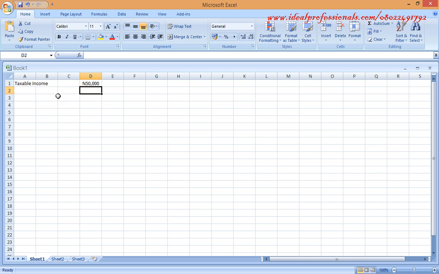What is my after-tax income for last year based on my taxable income for last year? Assuming we have a tax rate of 20%, the tax rate is equal to 20%.